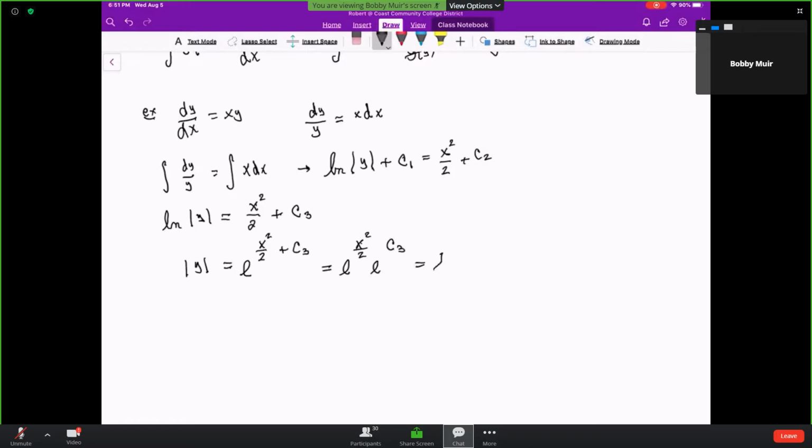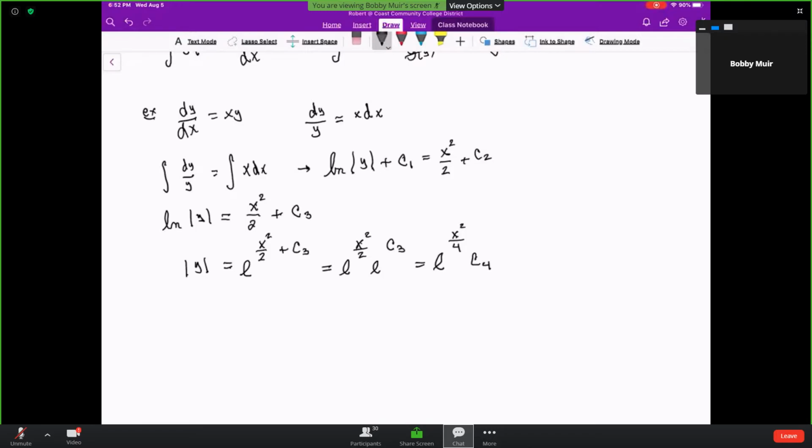And I'll call e to the c3 c4. Okay, now, this constant isn't so arbitrary anymore because it must always be positive. Okay. But look, it's the absolute value of y over here. So that's kind of good news.